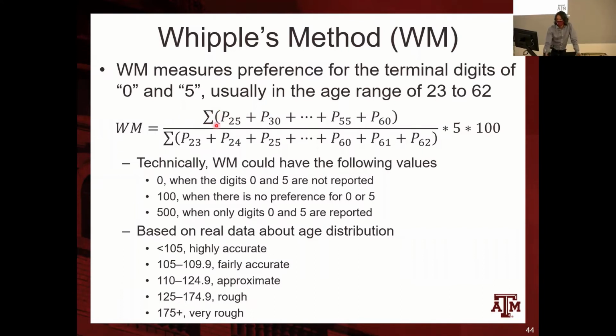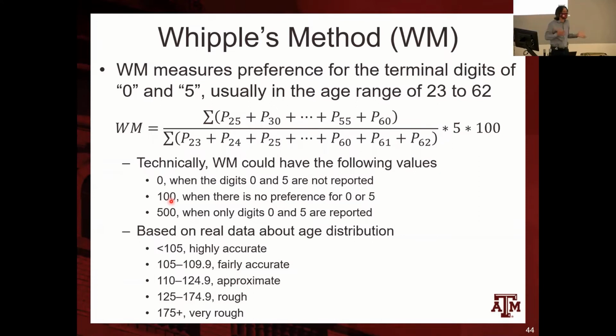When you divide this number by this, you have pretty much 1/5. 1/5 multiplied by 5 is 1 unit, multiplied by 100, 100. So this range between 0 and 500 is the technical possibility of the index, and 100 would mean exactly that you have the same number of people across all these ages.